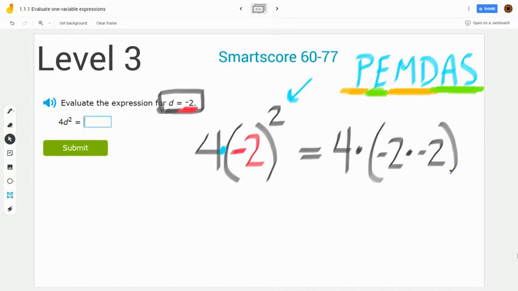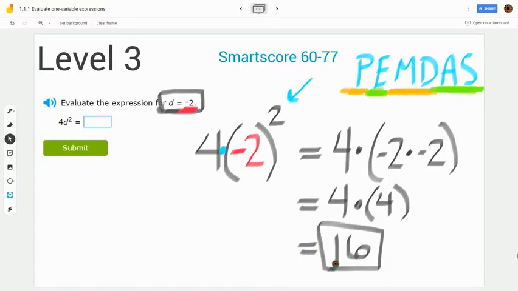That's what the exponent of 2 means. So then that's 4 times negative 2 times negative 2. If you remember, a negative times a negative is a positive, and 2 times 2 is 4. Then we have just one more multiplication, 4 times 4, which is 16. So the final answer that you would submit for this problem would be 16.